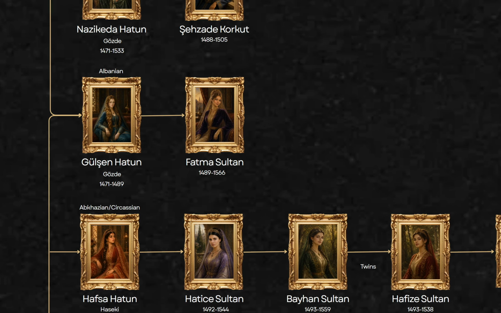Hafsa would have likely been too young to be a favored consort. People sometimes forget that the girls in the harem were educated and trained before being introduced to a sultan or prince. So they learned etiquette, language, religion, music, refinement, and palace customs.